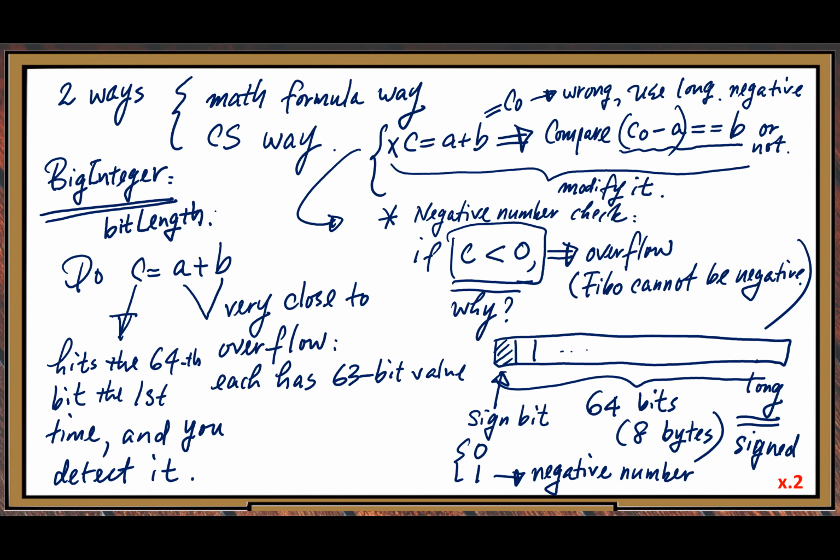When this bitLength method hits 65, that is the overflow, because for unsigned long 64, we do not treat it as overflow.